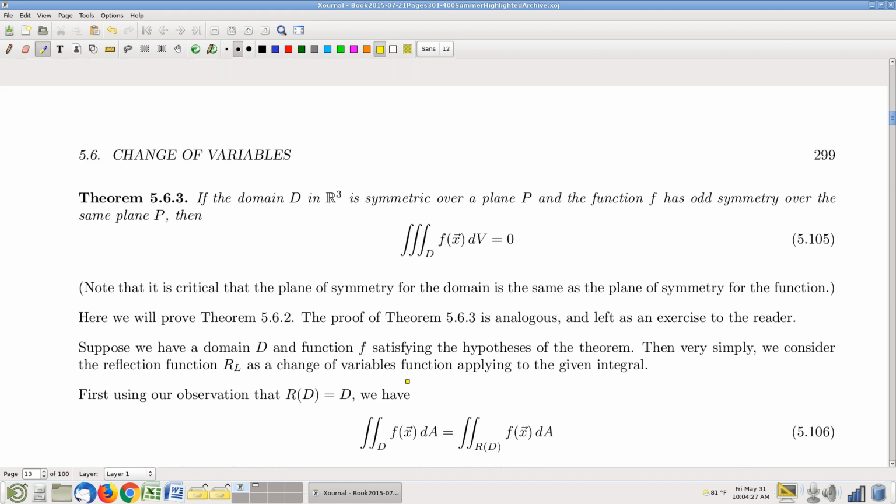By the way, while we're here, let me go ahead and state the theorem in 3 dimensions. Very, very analogous. If the domain is symmetric, if the function has odd symmetry, very familiar sounding. These are, of course, in 3 dimensions now instead of 2. Same 2 conditions, though. Symmetry of the domain, odd symmetry of the integrand.